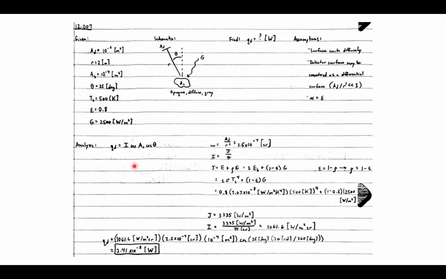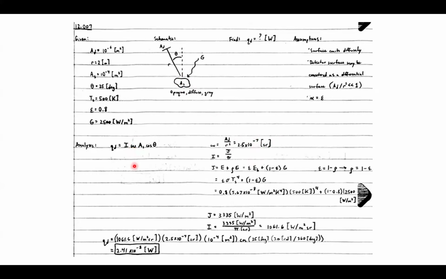And we can say that our total radiosity in the numerator here is equal to this equation, as we said before. And because we're assuming that our surface is diffuse gray and that our surface is opaque, we can rearrange our irradiation conservation equation and say that epsilon, or alpha, is equal to 1 minus rho.